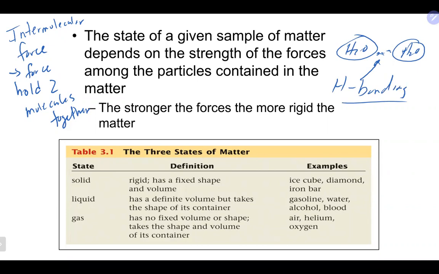So the stronger the intermolecular force, the more likely it will not be a gas in normal conditions. The weaker the force that holds the molecules together, the more likely it will be a gas. For example, take methane, which is CH4, basically the stuff that comes out of your gas vent in lab, right?